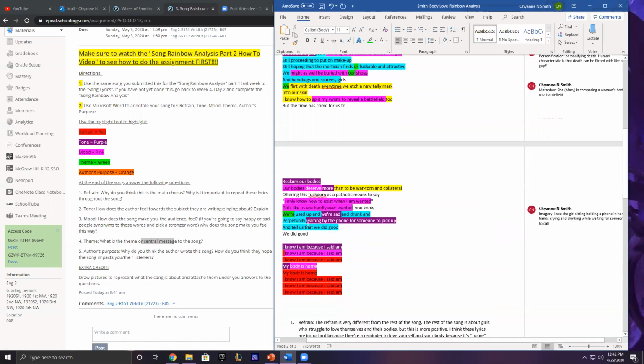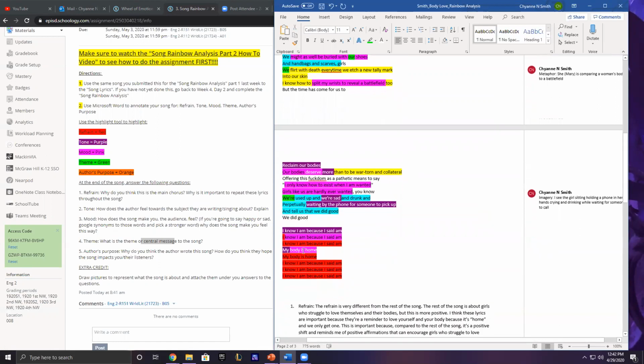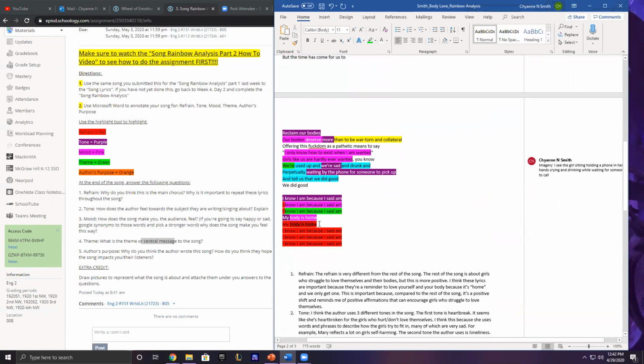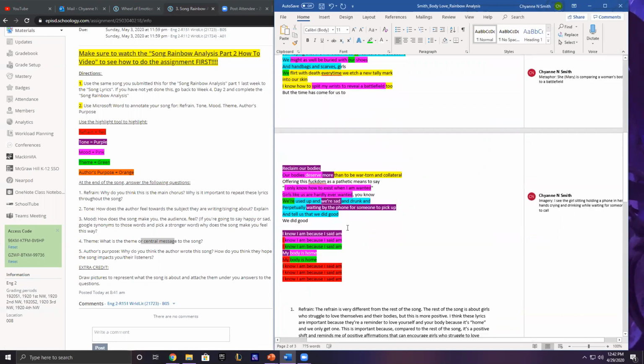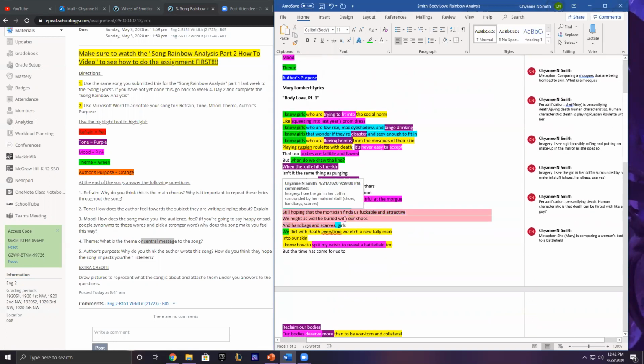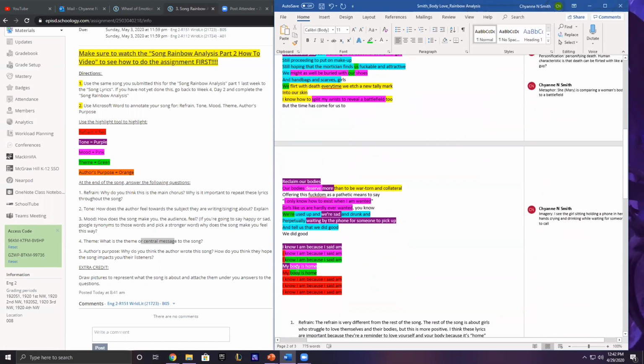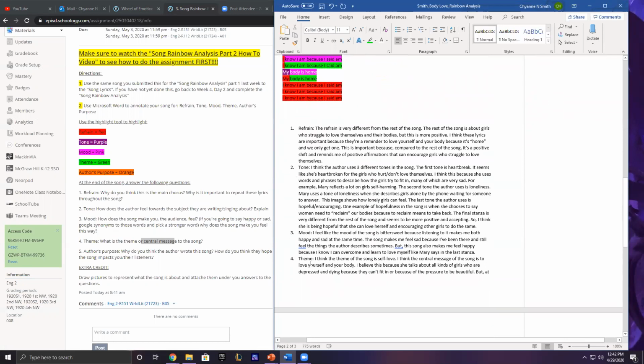I keep highlighting the same thing because I feel like this is a big part of the theme. I know I am, because I said I am. My body is home. I feel like all of those are trying to teach you: love yourself, you're not alone. And the biggest part of that theme, I think, is here.